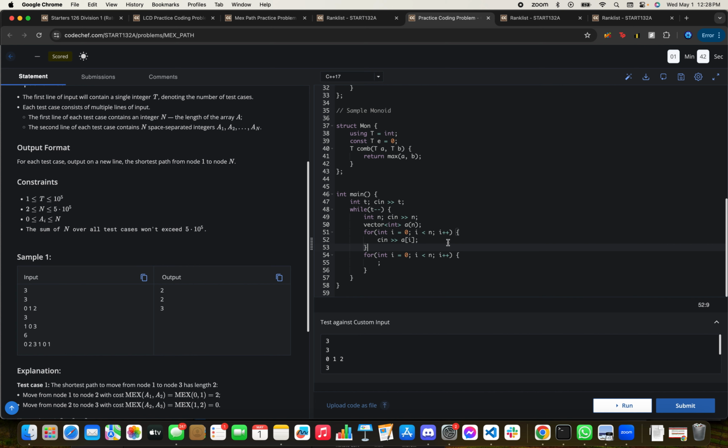So now it's just like, if A of I is less than 5, right? Now it's like, okay, seg tree.